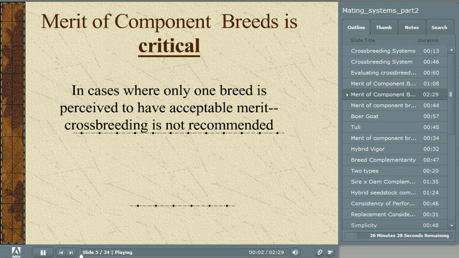Now in some cases, there's only one breed that has acceptable merit, and in those cases crossbreeding is not recommended. If you look at the dairy industry in the US, this provides a very good example of that, because we have such an intensively managed dairy production system in the US.